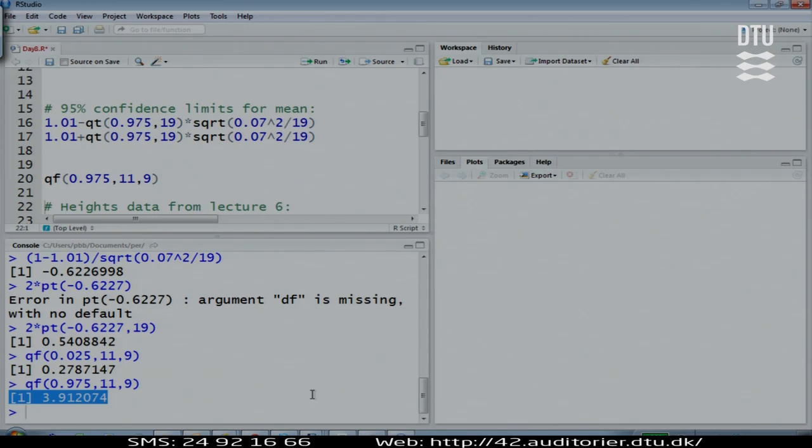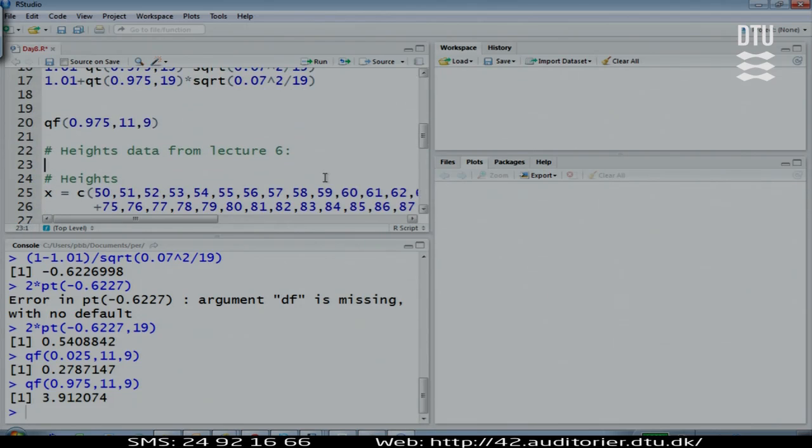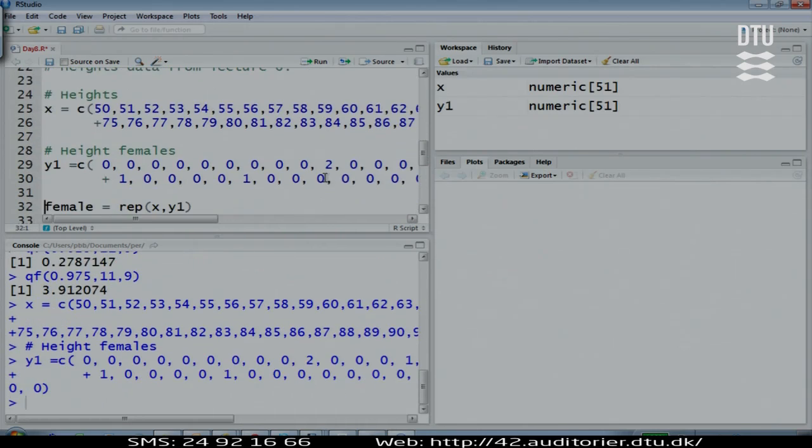Let's do one more very interesting thing now. I'm still referring to our heights data on males and females from a couple of weeks ago.